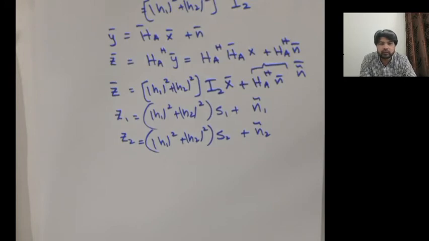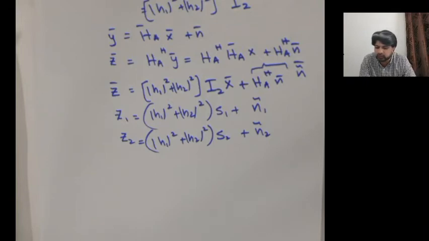If you have NT transmitting antennas and NR receiving antennas, at a slight cost of added complexity in terms of the signal processing. So that is a very, very groundbreaking result that is now being implemented in a lot of practical applications as well.